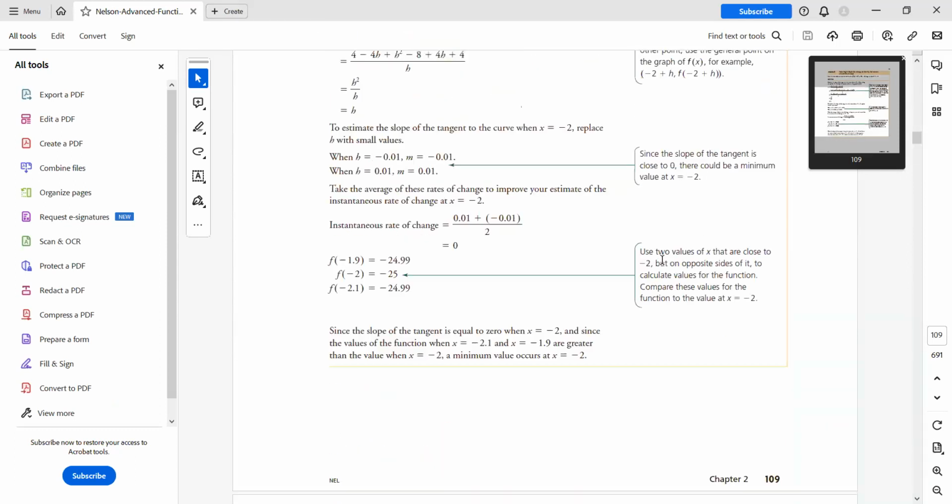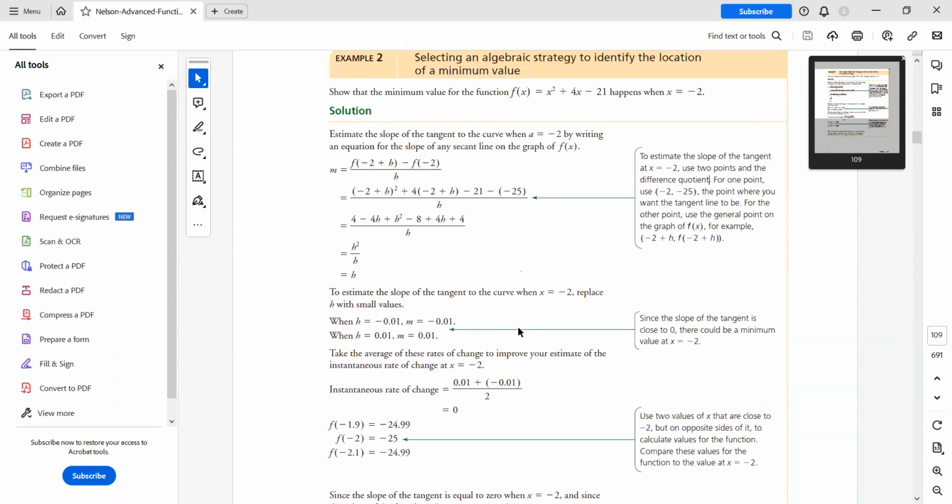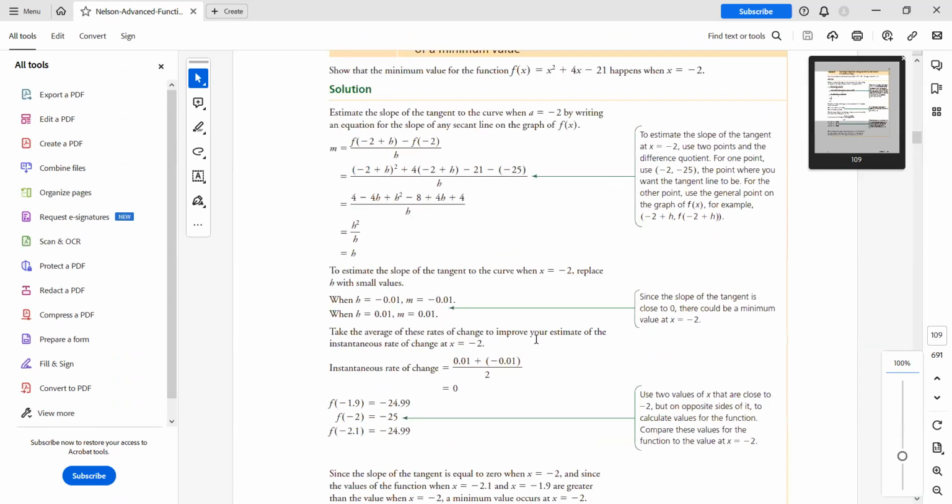Okay. Take a moment to copy down this solution with difference coefficient, okay? Let me know once you finish.